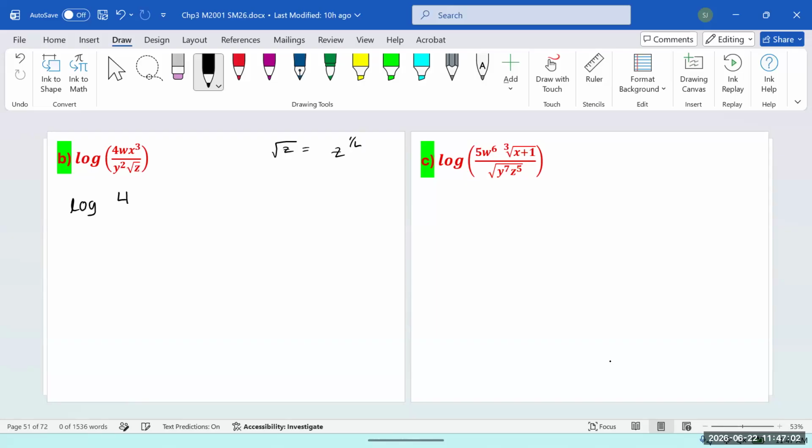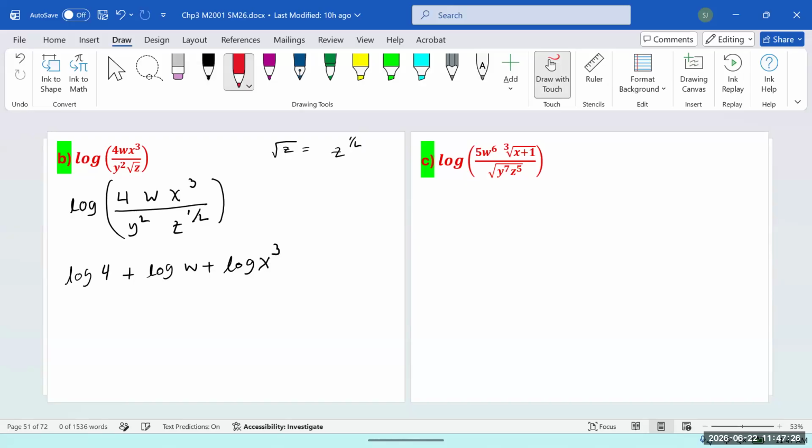The log of w x cubed divided by y squared and z to the 1/2. Okay, and then minus 1/2. Great.